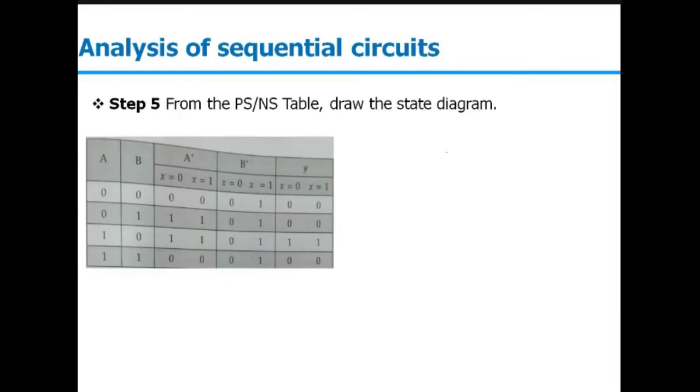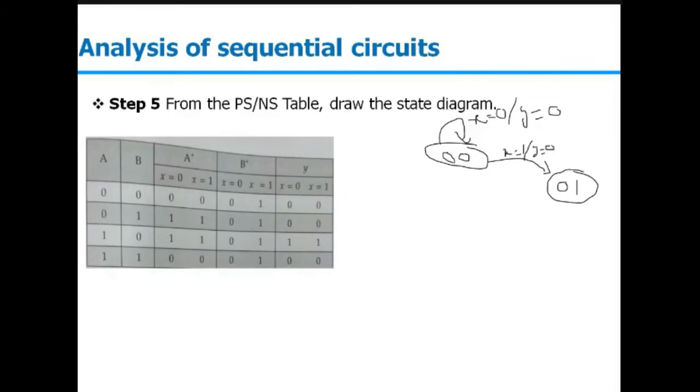So you are in the 0 0 state, x is 0, y is also 0. 0 1, when x is 1, y is also again 0. Now we are in the 0 1 state. So when x is 0, we are going to 1 0.